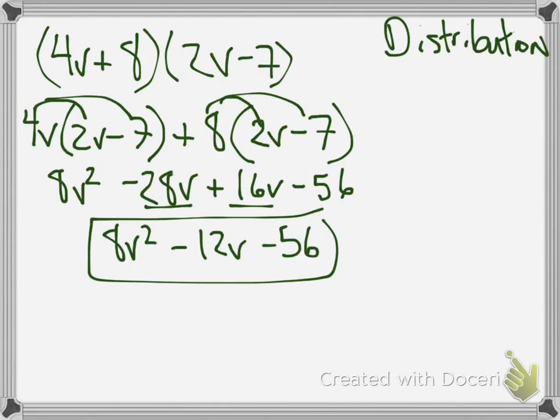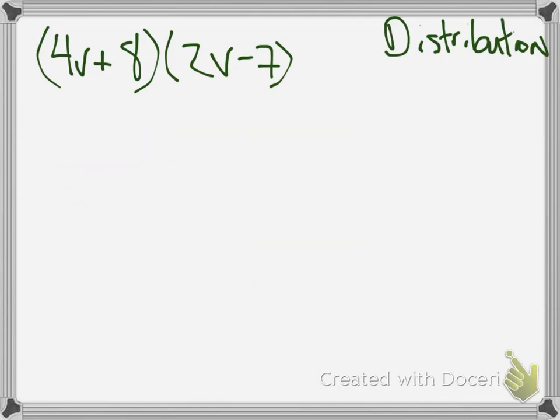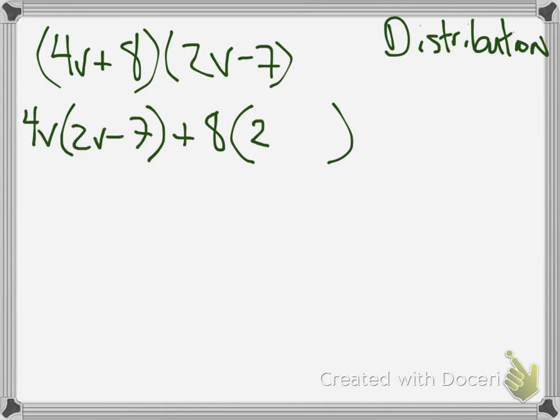So the distribution method is very similar. All these are basically the same thing, just how you organize. What you do here is split the first parentheses and say 4v plus 8. And I'm going to put the second parentheses, the 2v minus 7, into both.